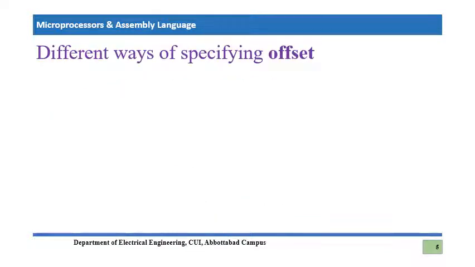Okay, as I explained, there are different ways of specifying offset or effective address. This offset can actually be replaced by effective address.